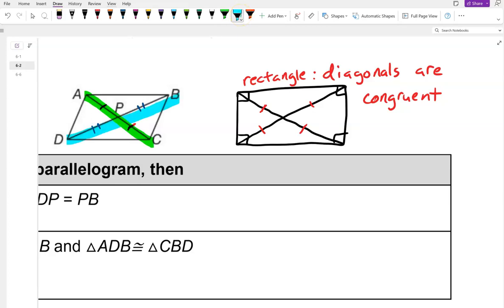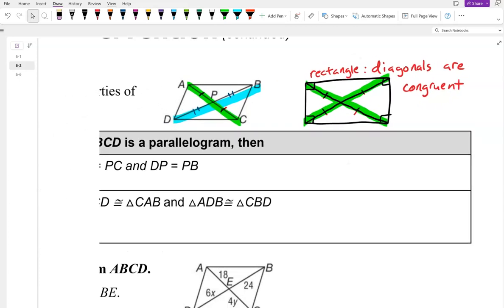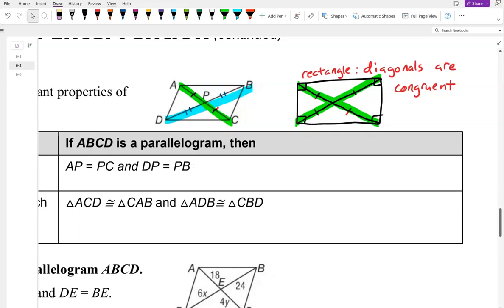More than likely, that blue one would have been longer because it's a smaller angle there, so they're further apart. Whereas on a rectangle, both diagonals are exactly the same. So if I know that this part's 10, all the parts are 10. So whichever diagonal they're asking about, they're both just 20. It wouldn't matter at that point. So that's one thing you need to know whenever you do your assignment, is that for a rectangle, both diagonals are equal, okay?